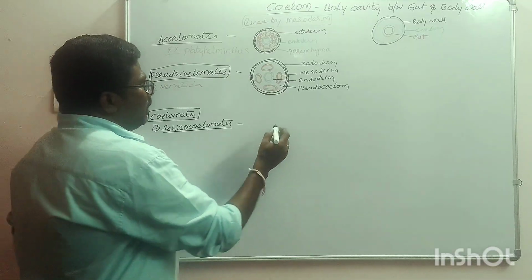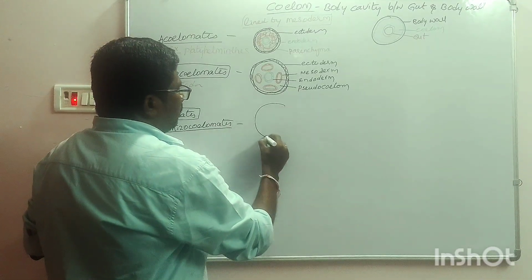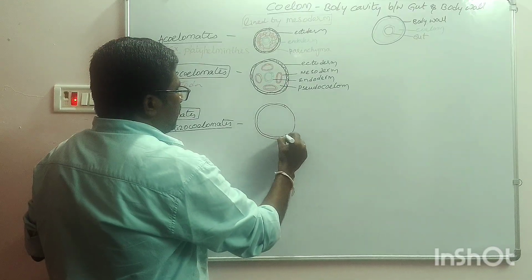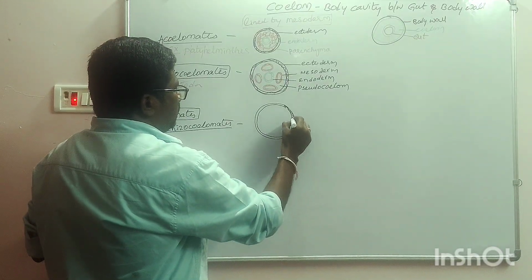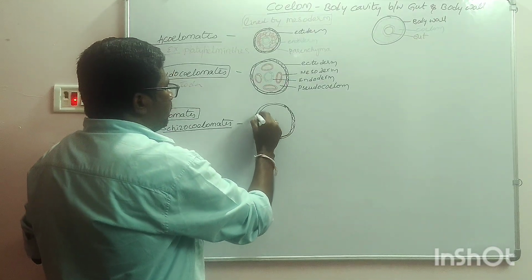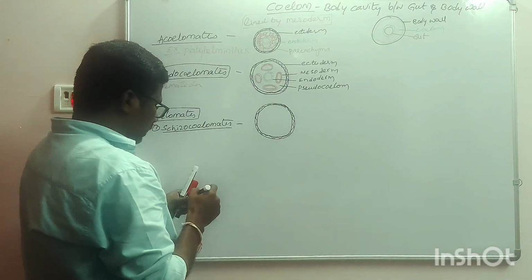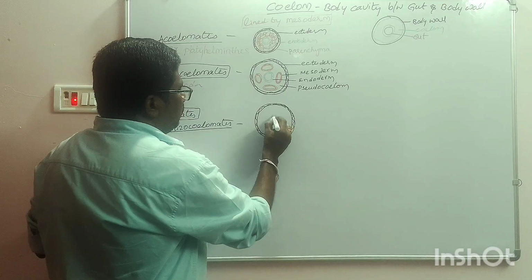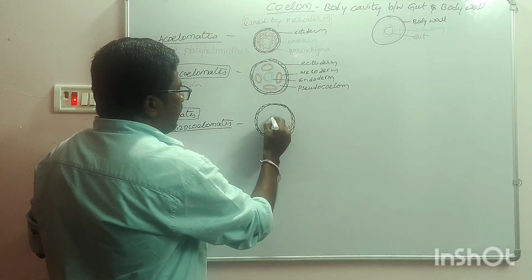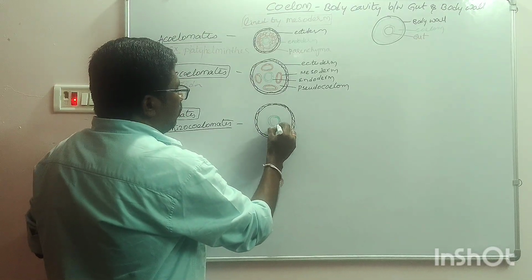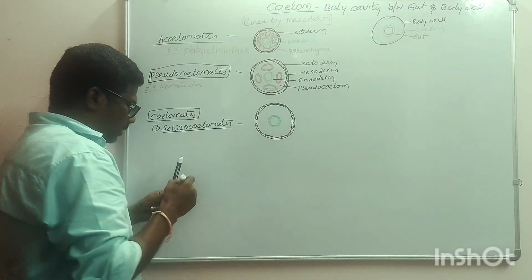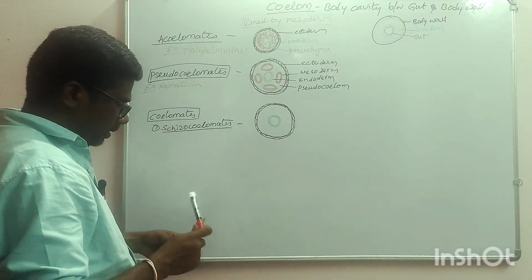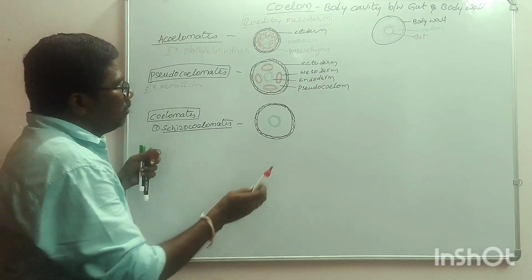So in the schizocoelomates, if you see, there is ectoderm like this. There is endoderm also, and here if you see mesoderm.